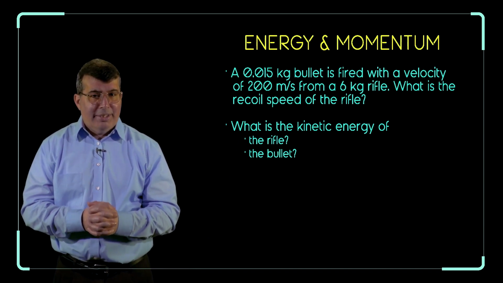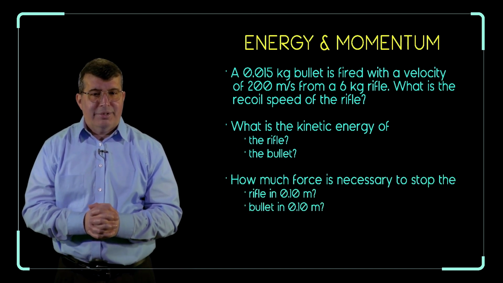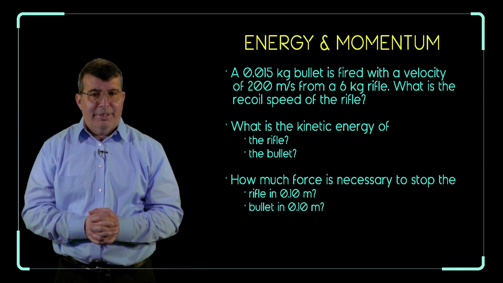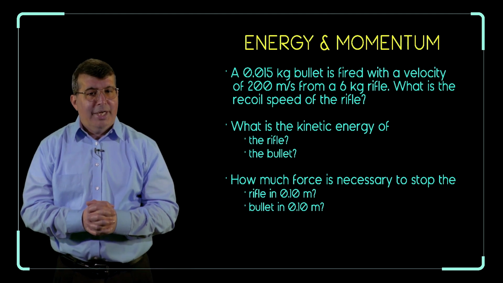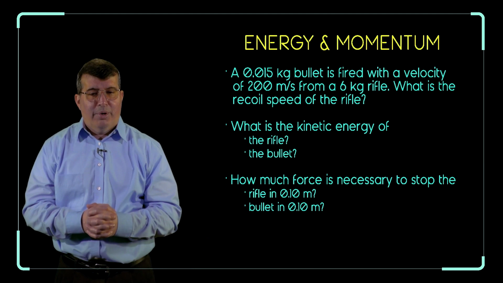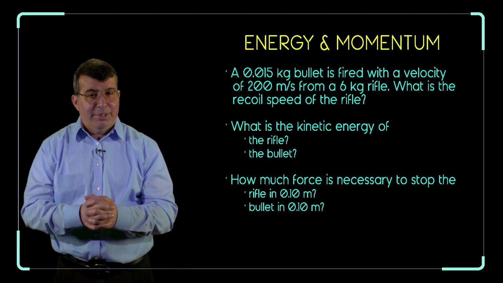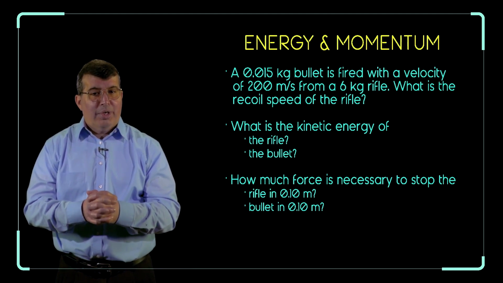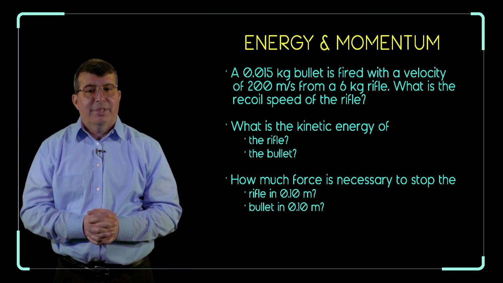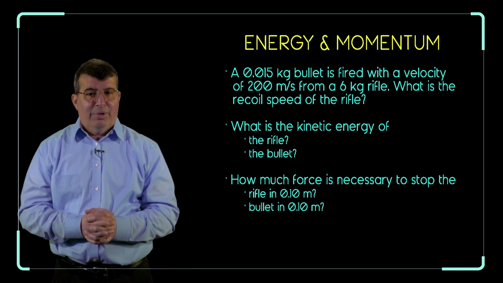And then finally, how much force is necessary to stop the rifle in 0.1 meters, and how much force is necessary to stop the bullet in 0.1 meters. And there we'll see the difference between energy and momentum, okay? Because you'll think about work, and work is force times distance. So, and it takes work to stop the bullet and the rifle.